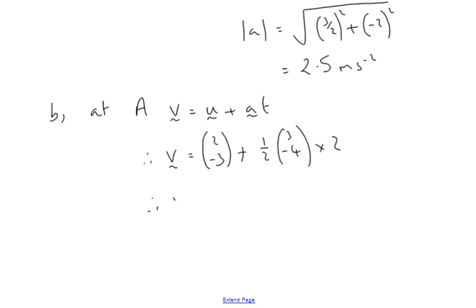So therefore v is equal to (5, -7). So that's the velocity at A.